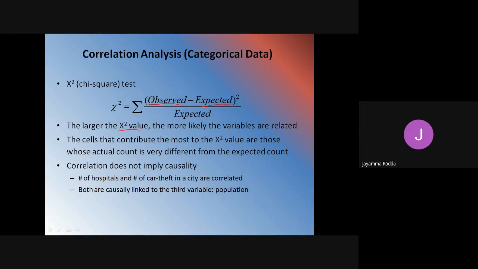Correlation does not imply causality. For example, the number of hospitals and the number of car thefts in a city are correlated. How do you explain their correlation? Both of them are related to a third variable, the population.